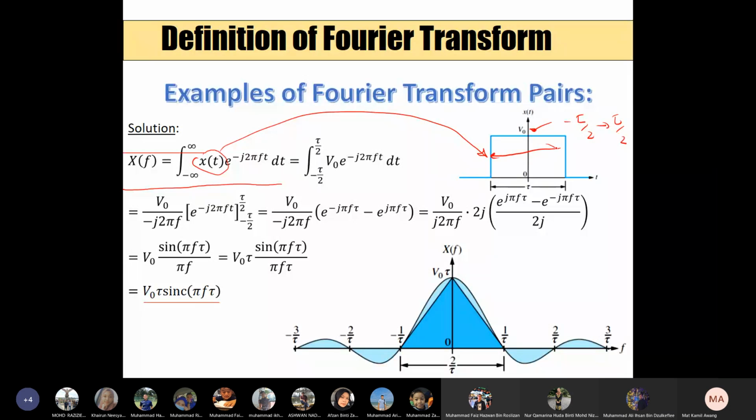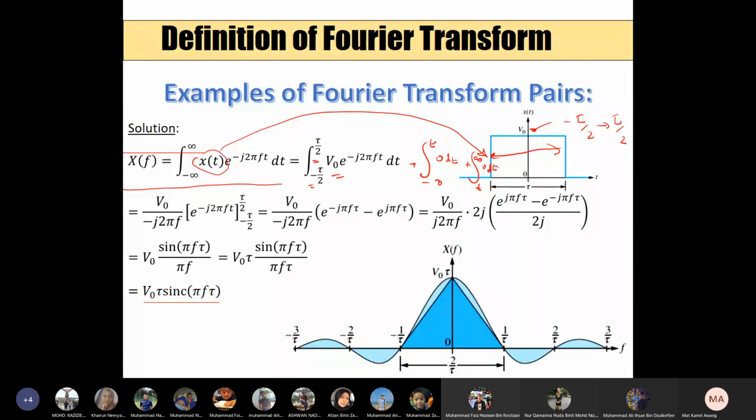So now from here you can see that it's V naught from minus tau over 2 to tau over 2, and the rest are 0. Actually, from minus infinity to minus tau over 2 of 0 dt plus tau over 2 to infinity of 0 dt.